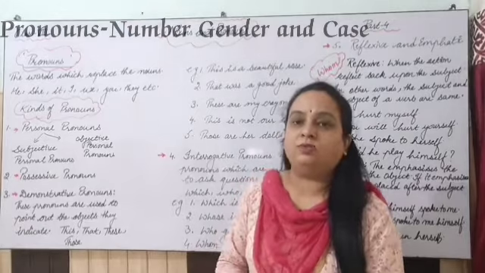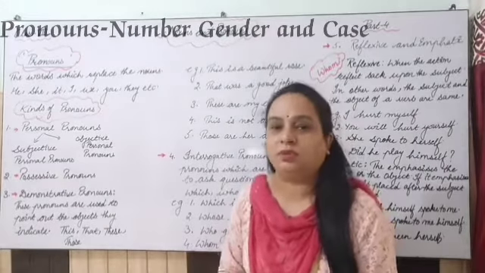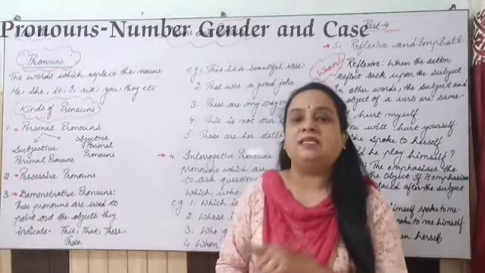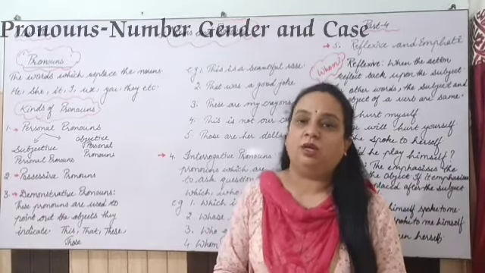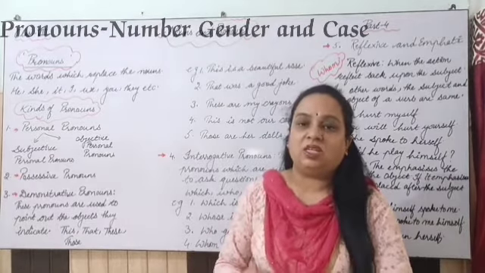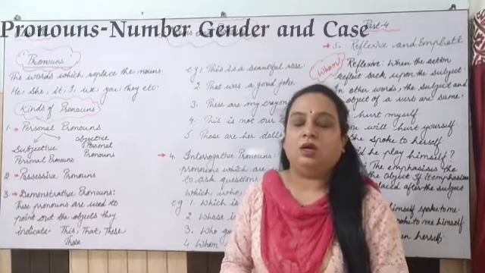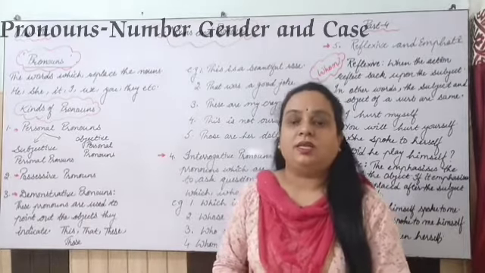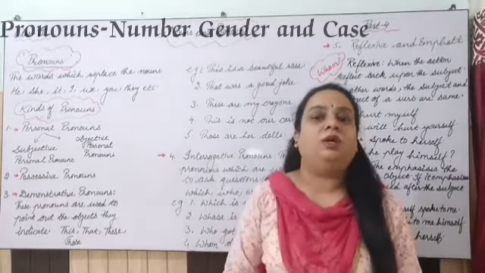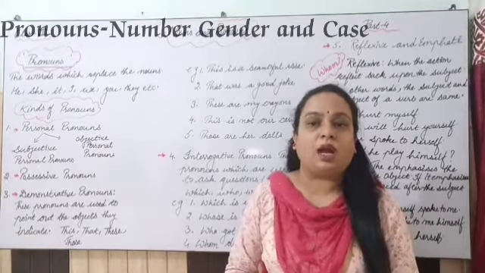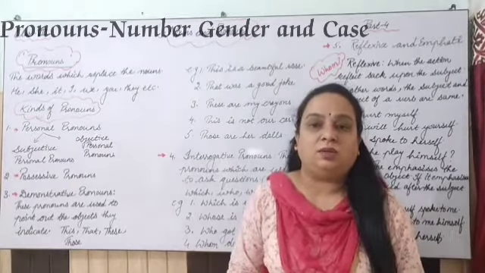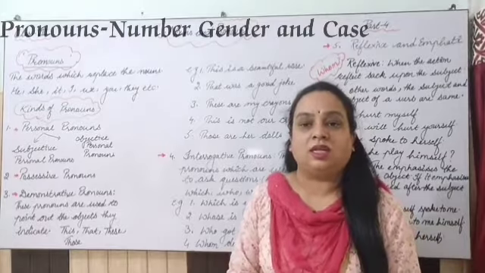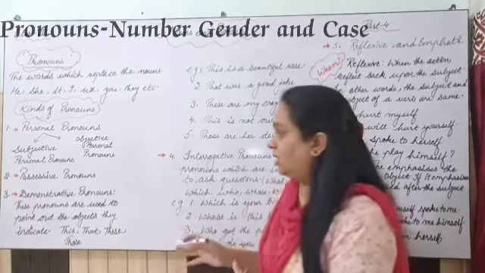I told you the difference between possessive pronoun and possessive adjective too: my is an adjective but mine is a pronoun. Their is an adjective, and theirs is a pronoun, right? Our is an adjective, but ours is a pronoun. So we have done that.